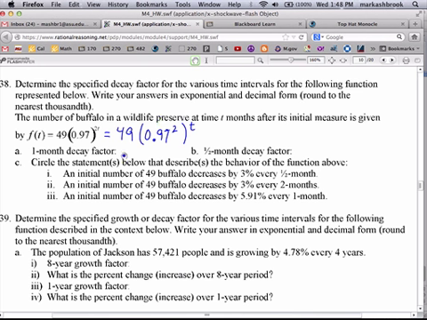What's the 1 month decay factor then? 0.97 squared, because every time you advance t by 1, you're going to multiply the output by this 1 time. Let's get that. What is 0.97 squared? 0.941. Cool. All right. So here's the 1 month decay factor. How would we get the 1/2 month decay factor?